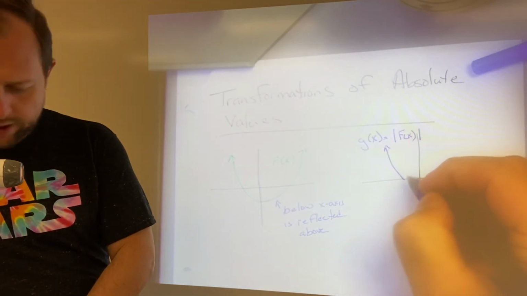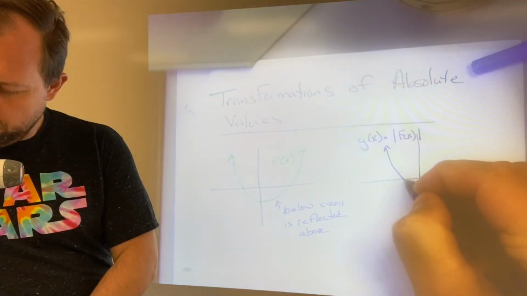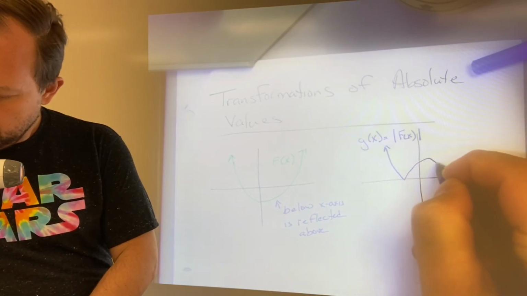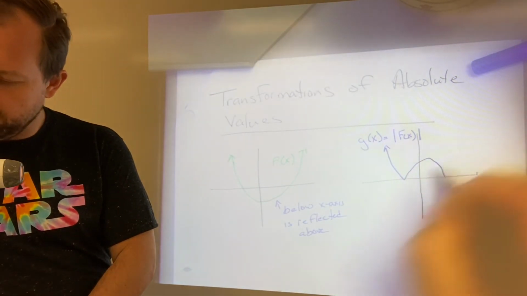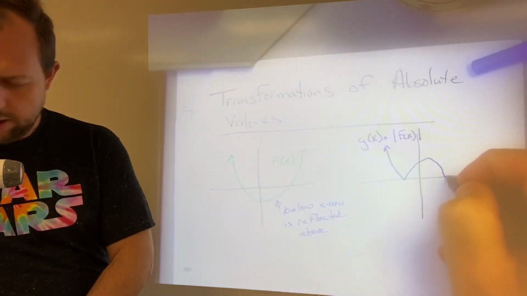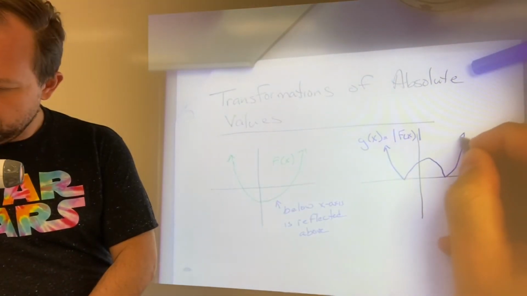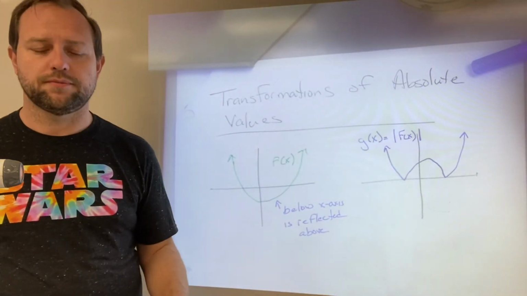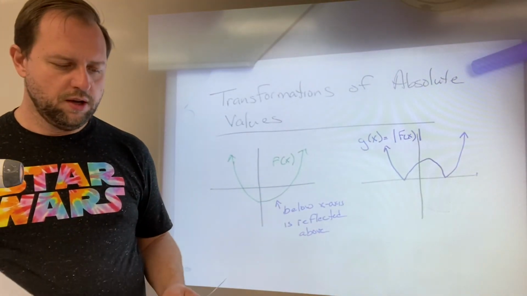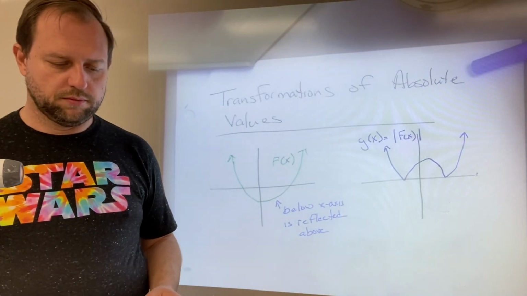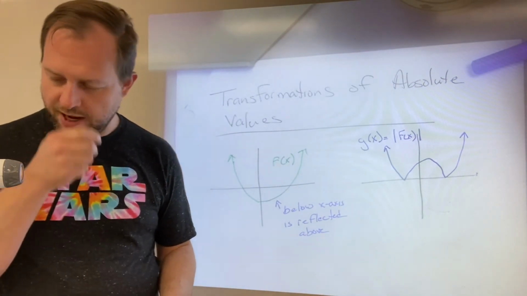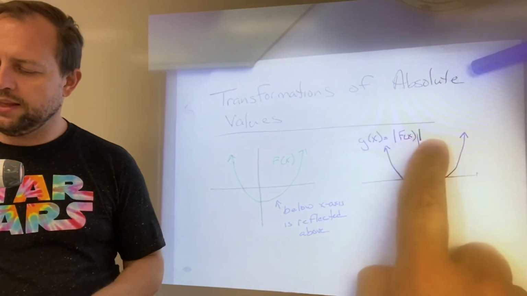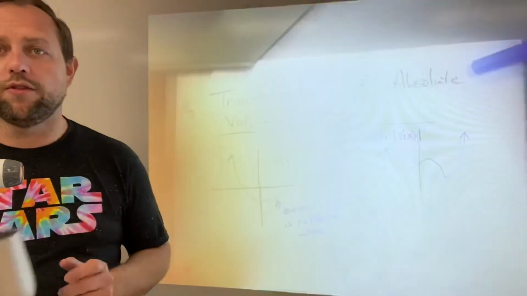At that point, now the points are just reflected up until we get to the next point, and then it'll go back to our original graph. Now, that's over the x-axis because we were looking at the absolute value of the whole function.